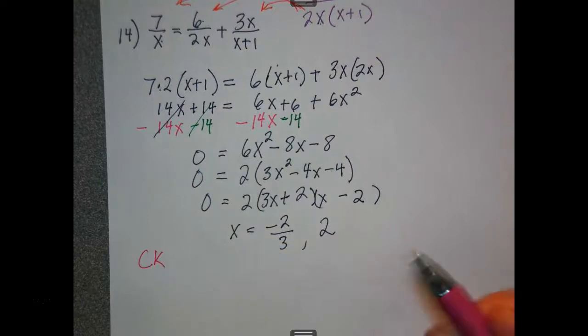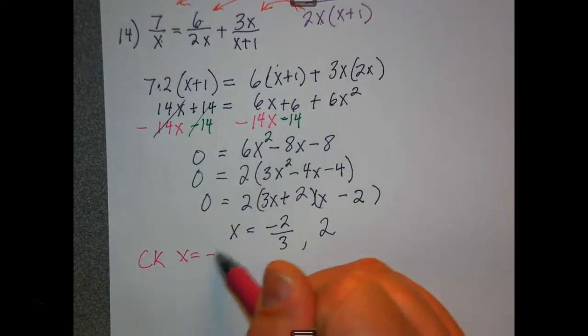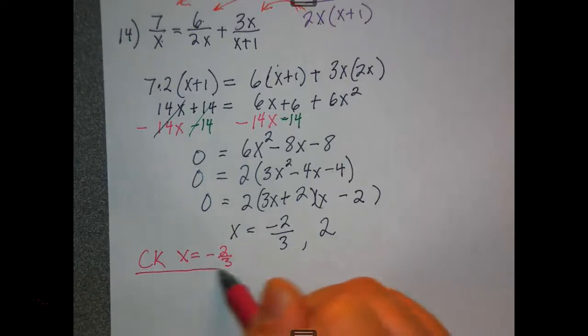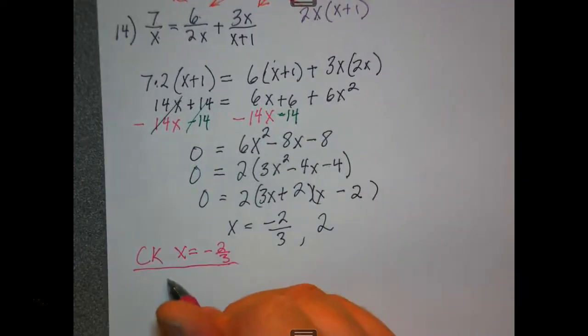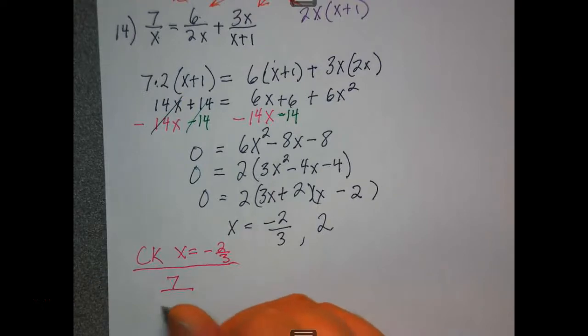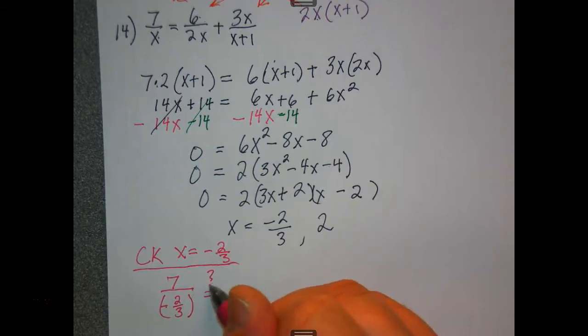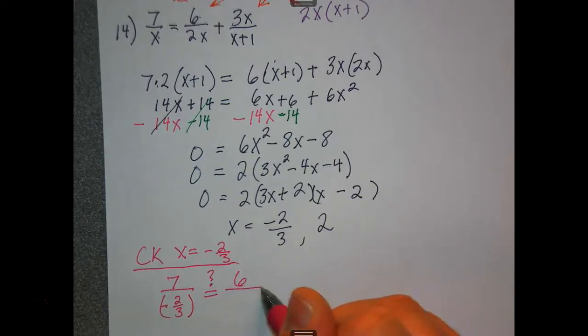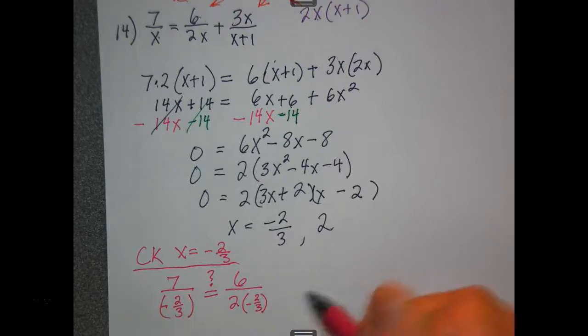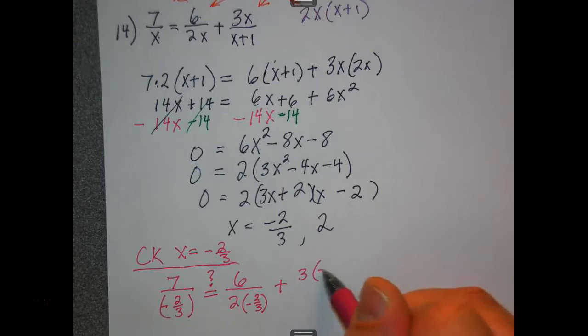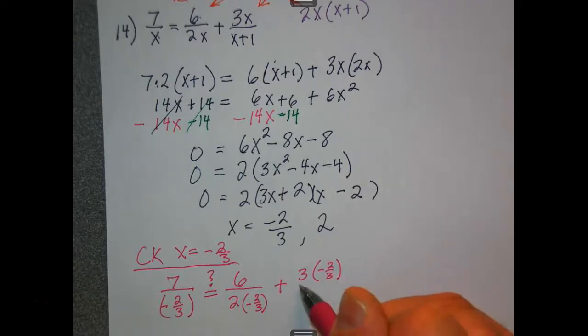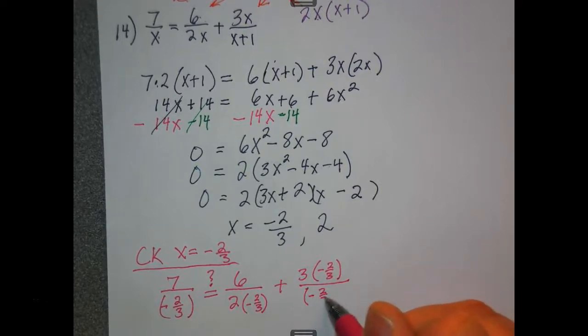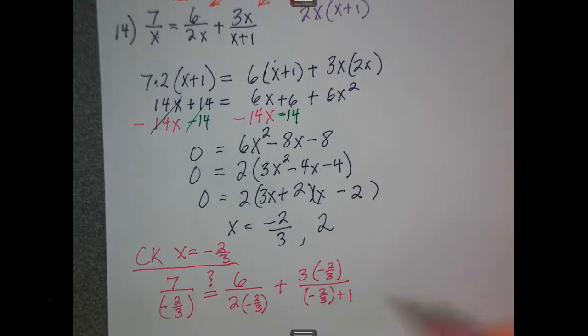So we need to check x equals negative 2/3. So 7 over negative 2/3. Does that equal 6 divided by 2 times negative 2/3 plus 3 times negative 2/3 over negative 2/3 plus 1?